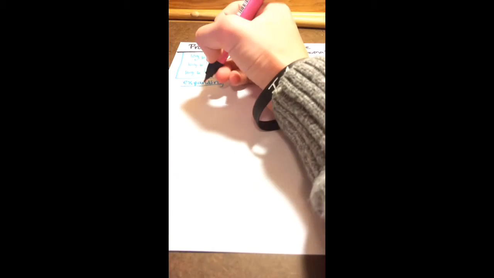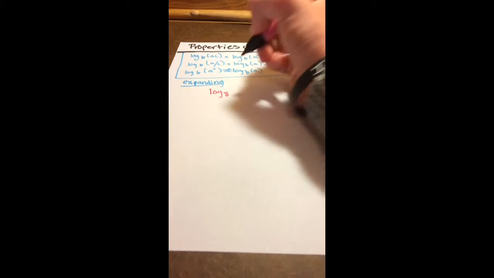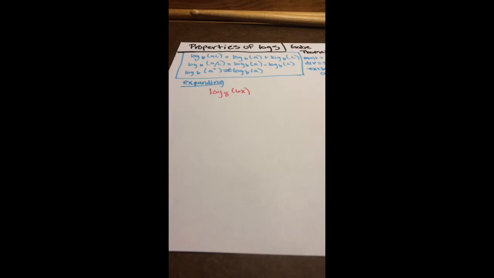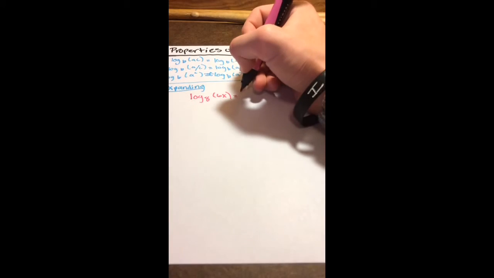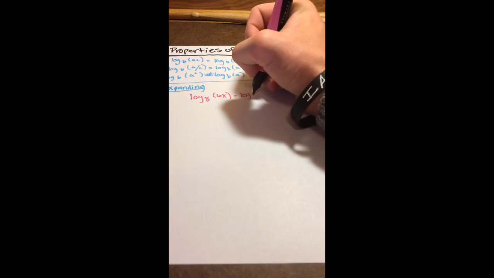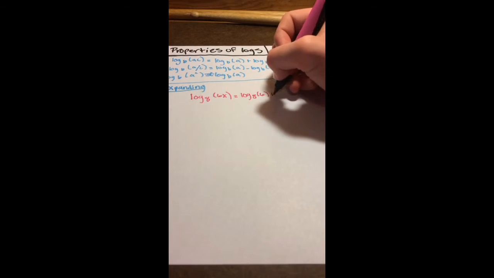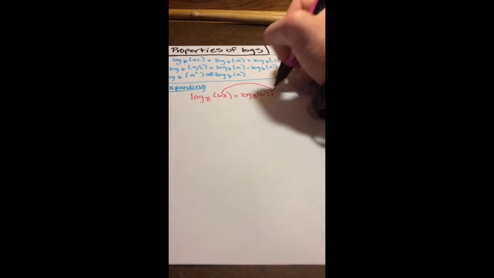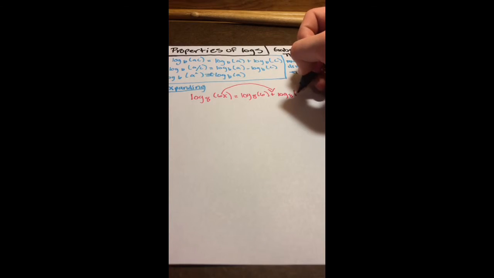Let's say log base 8 of 6x. Simple enough. Let's expand that out: log base 8 of 6 plus, because we've got this multiplication, we're taking it out and using addition, log base 8 of x.